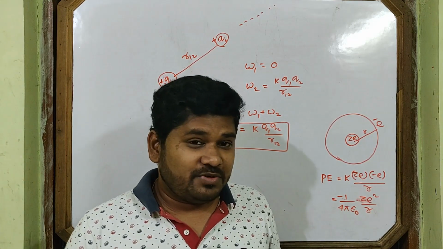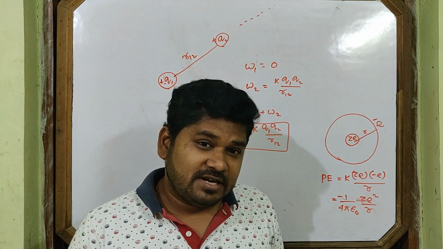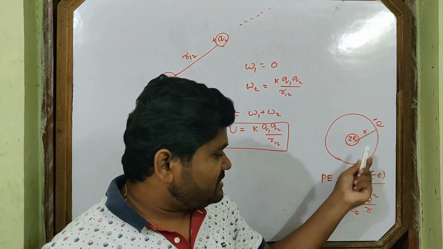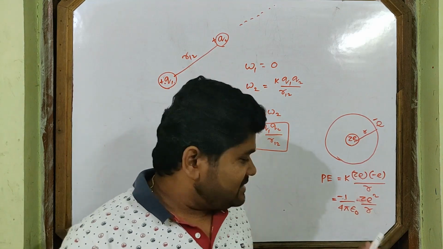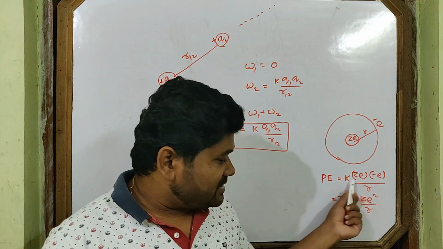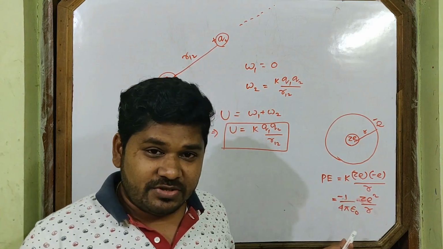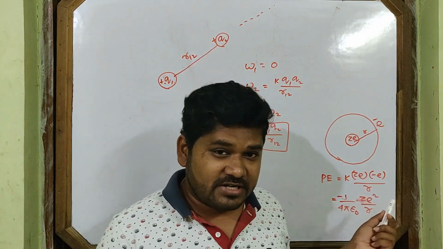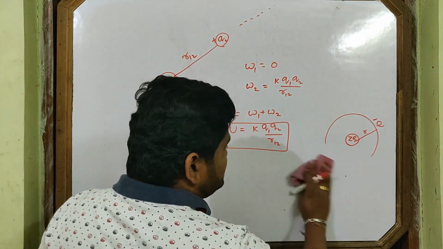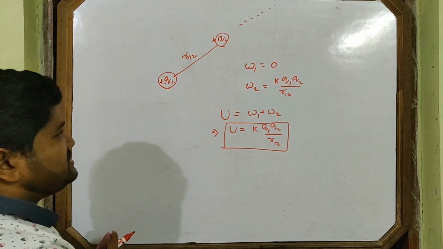I have told you, negative potential means the force is attractive. Here negative potential energy means the force is attractive. You have done this expression in chemistry in class 11th, but you wrote it directly, and now you understood from where the electron has potential energy.